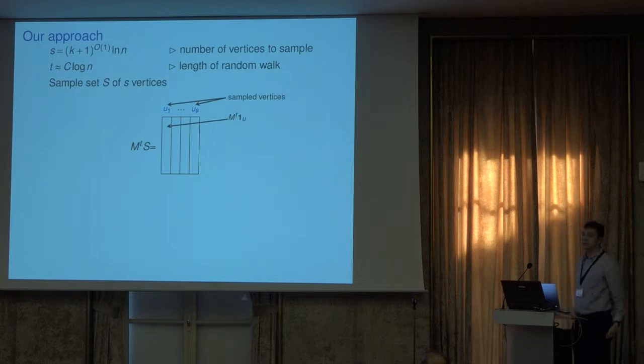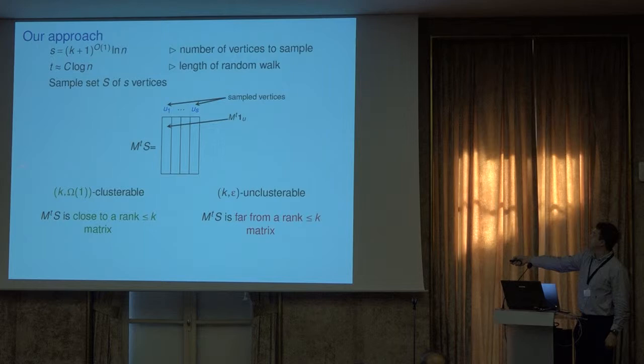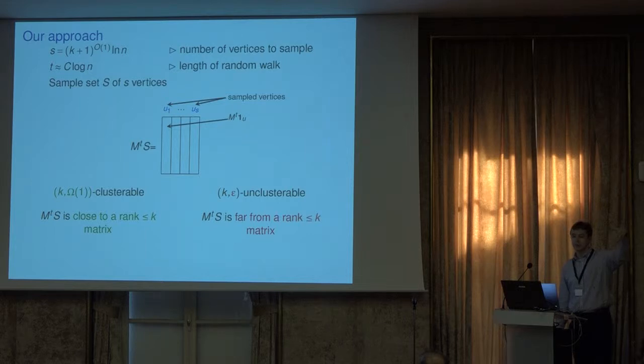Now, our main observation in this algorithm is that if the input graph is k-clusterable, that is, can be partitioned into at most k good expanders, then for any choice of sample vertices u1 through us, the corresponding matrix M^t times S is really close, inverse polynomially close for a large inverse poly, to a rank k matrix.